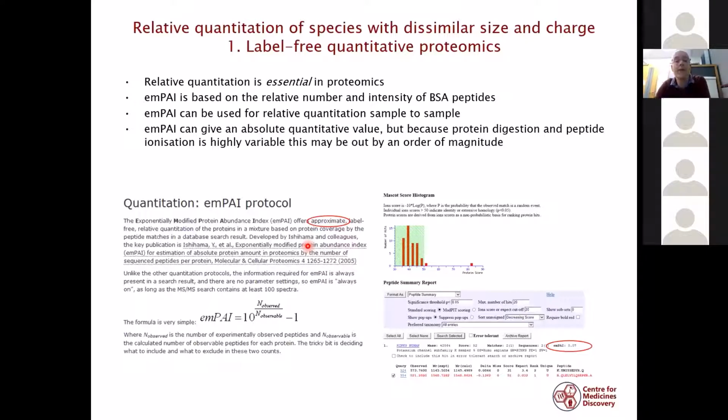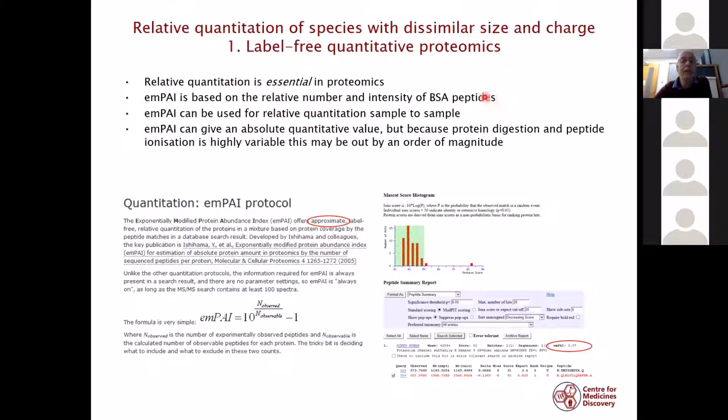And this is an example of label-free quantitative proteomics, and it uses this value, emPAI. This is a metric that is basically based on the intensity of individual peptides, and they are compared against the intensity of a standard set of peptides from a digested BSA at a variety of standard concentrations.